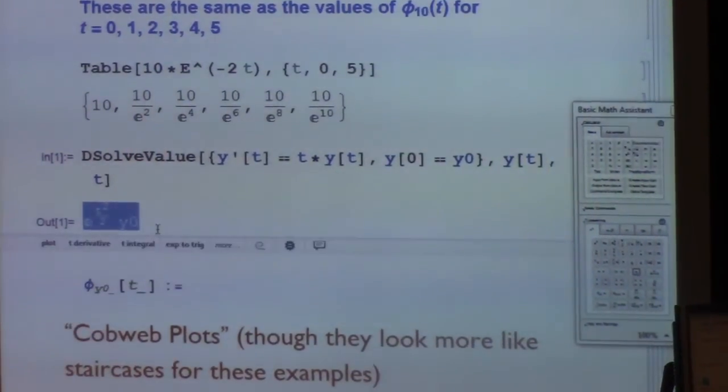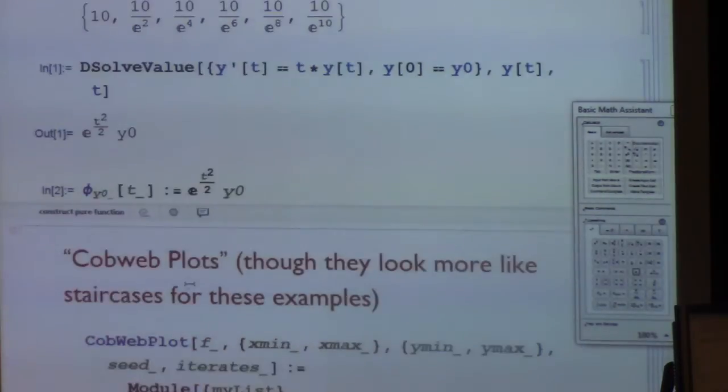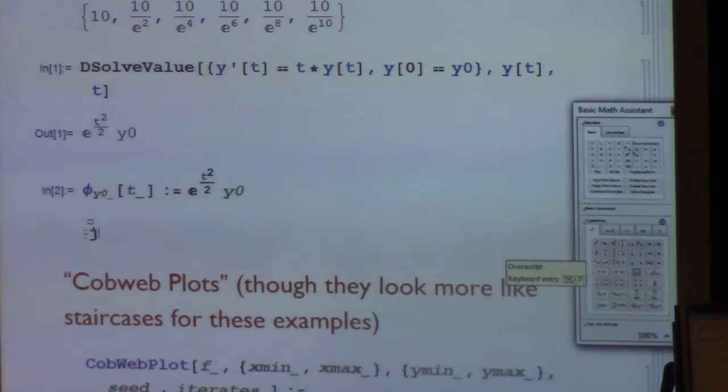Just copy and paste that. I can do that even when it's not autonomous, and I can also do the fancy phi, t up there. Use the other phi and just replace the y0 with a y, and the t is just a t.